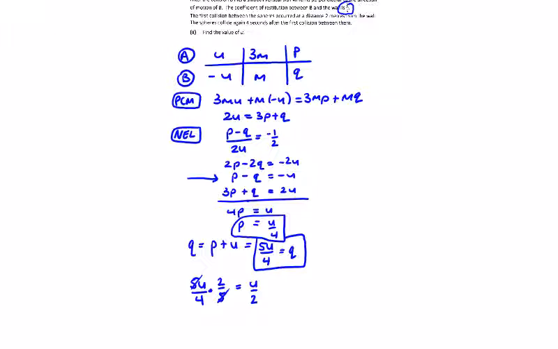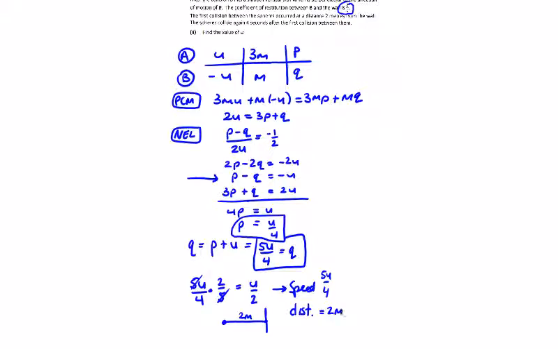So the first collision between the spheres occurred at a distance 2 meters from the wall, and they collide again 4 seconds after the first collision. So here's the collision, here's the wall. Q is traveling in this direction towards the wall with a speed of 5u over 4, and the distance is equal to 2 meters.